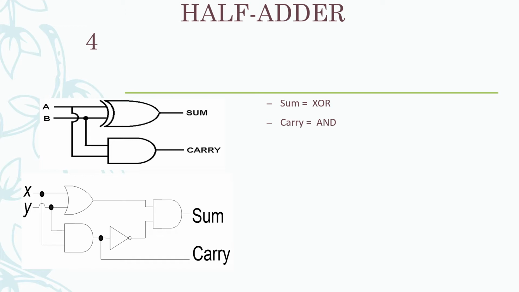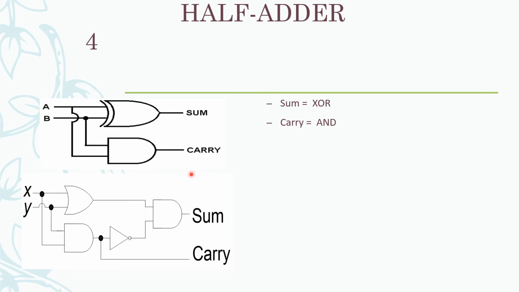Here we can see the half adder, where we have one XOR gate and one AND gate. This XOR gate will give you the sum output and this AND gate will give the carry output.